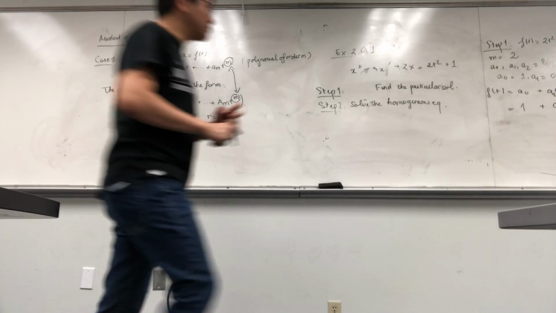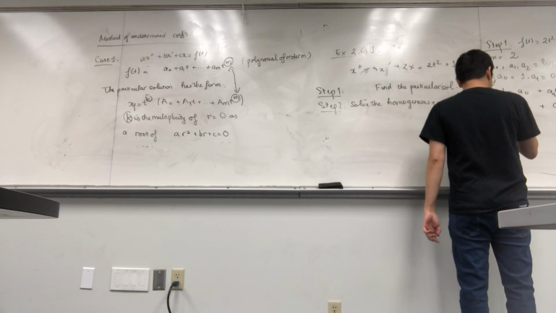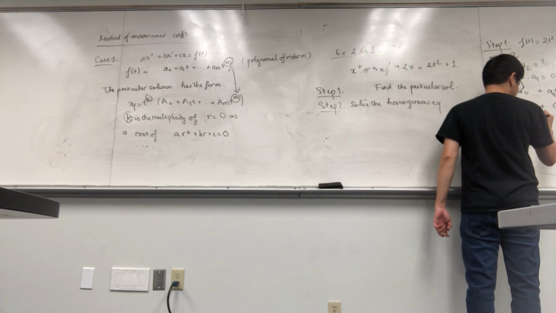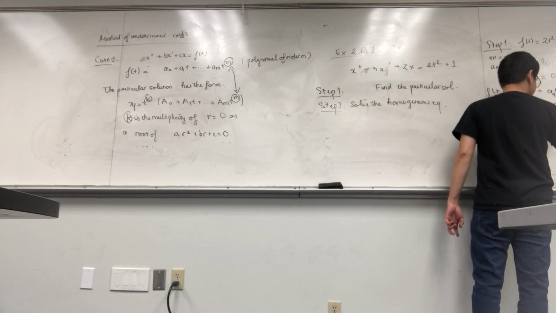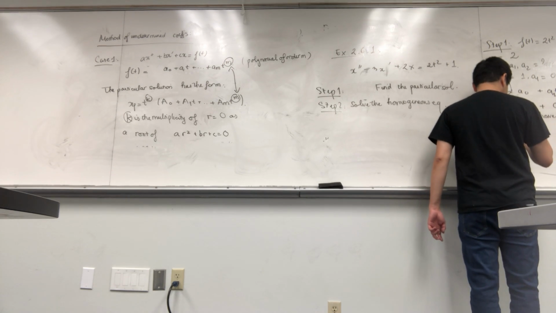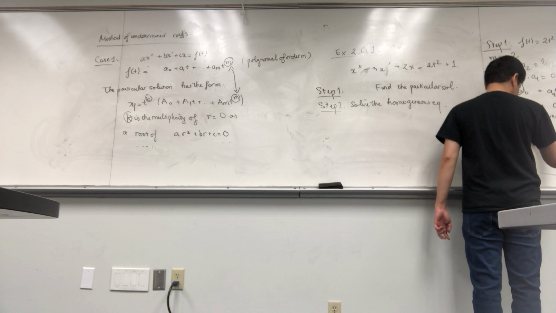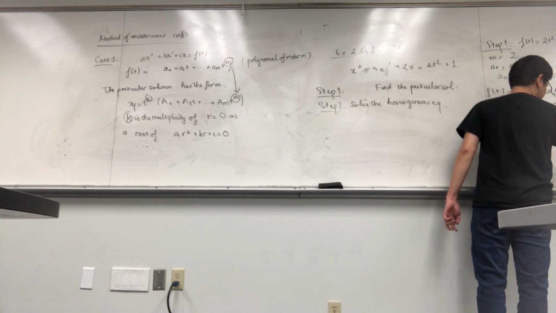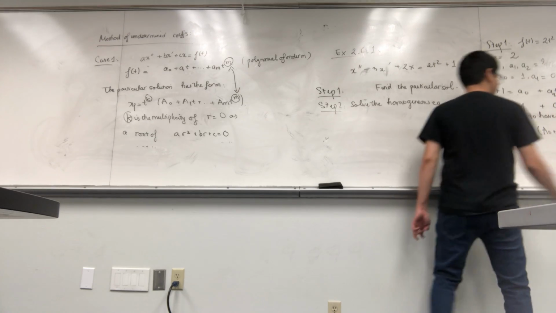So x_p has to have the form: x_p(t) is t to the k, a0 plus a1t plus a2t squared.